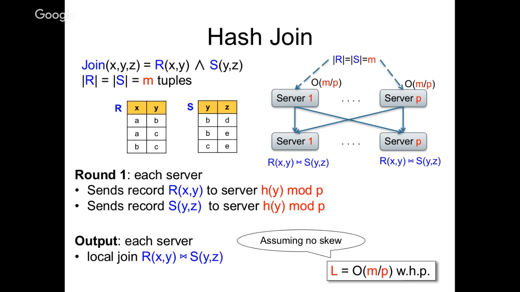How many times can we tolerate a data value to occur in R before we exceed that expected load of M/P? And in this tutorial, I'm going to keep it very simple. I'm going to say that if every data value occurs less than M/P times, then the data is without skew.